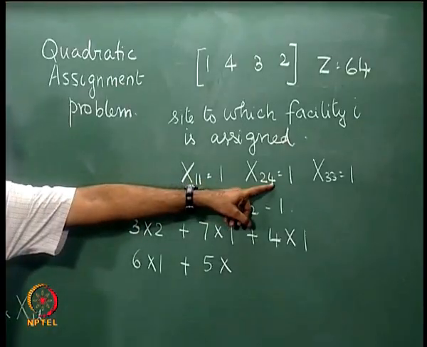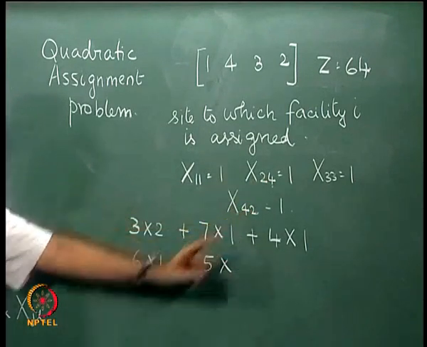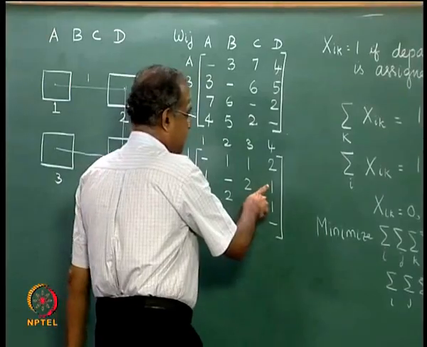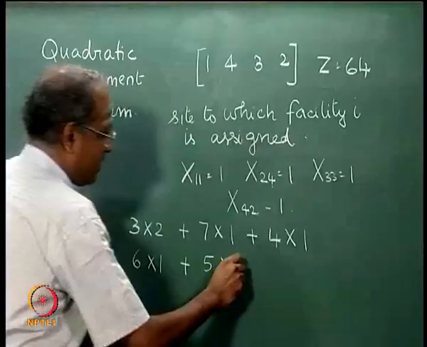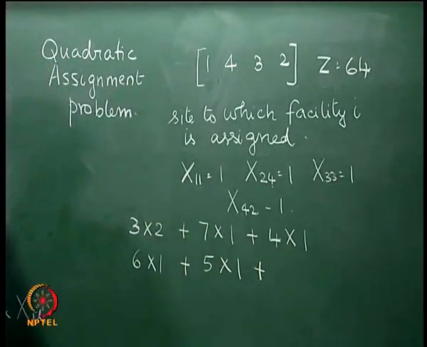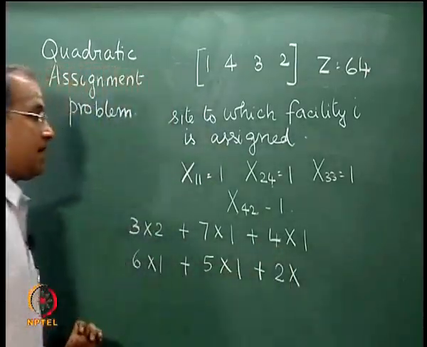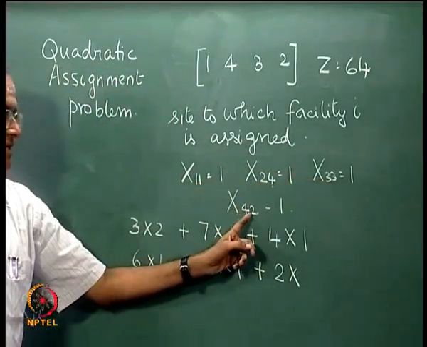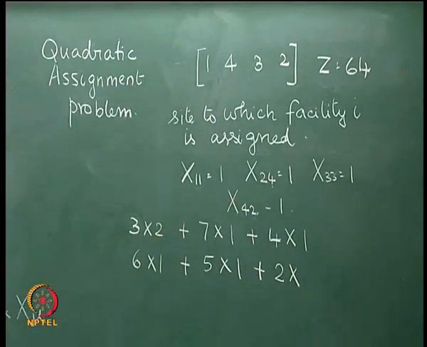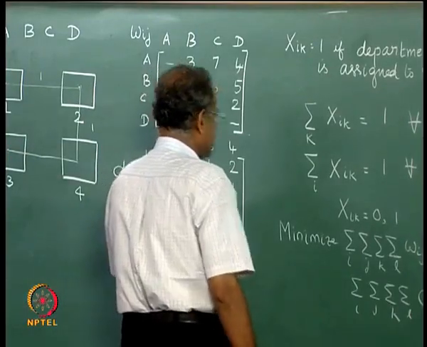Facility 2 is allocated to site 4, facility 4 is allocated to site 2, distance between 2 and 4 is 1. 3 and 4, the weight is 2, 3 is allocated to 3, 4 is allocated to 2. So, between 2 and 3 the distance is 2.